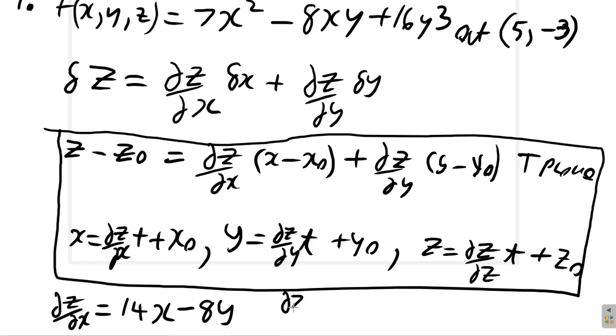What is delta z by delta y? Delta z by delta y would be negative 8x plus 3 times 16, which is 48, y squared.